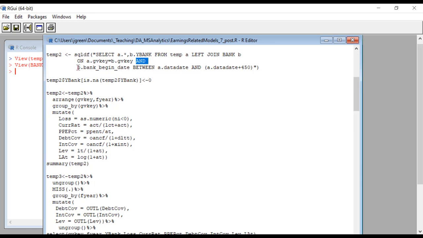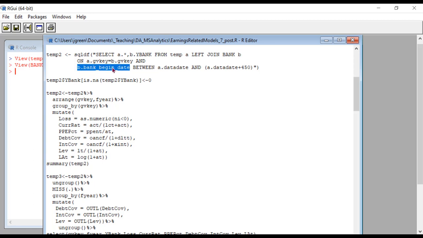So we're going to say where the bankruptcy beginning date, so when the company first enters bankruptcy, that's from the B data frame. So B dot gives the data frame and the column. This is similar to when we're using R where we say data frame $ column. Here it is data frame dot column.